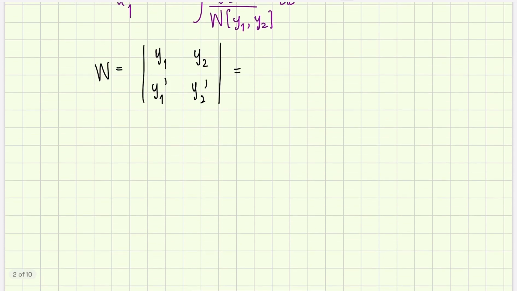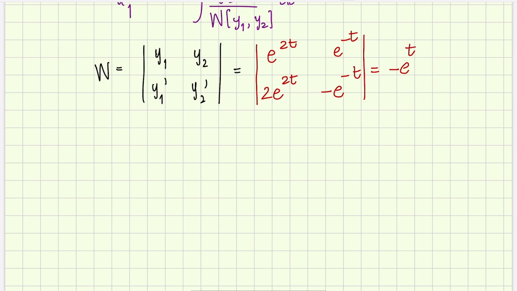So the Wronskian becomes e to the power 2t, 2e to the power 2t, e to the power negative t, negative e to the power negative t. This becomes negative e to the power t minus 2e to the power t, and these are negative 3e to the power t.